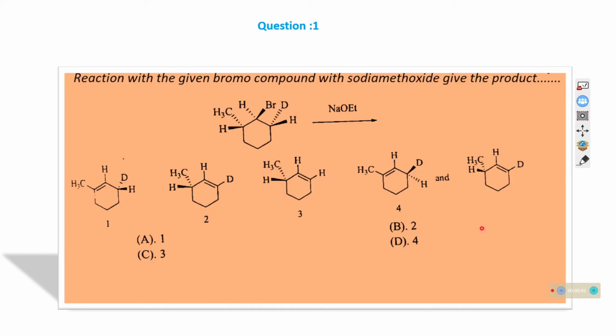Question 1. In these questions, one compound is given and it is treated with sodium ethoxide base.